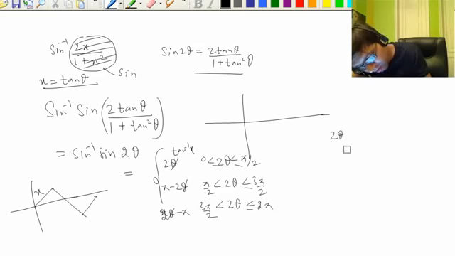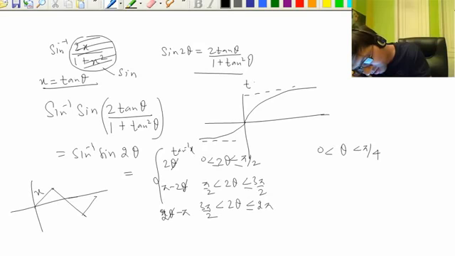Now see the interval. 2 theta lies between 0 and pi by 2, which means theta lies between 0 and pi by 4, right? And if theta lies between 0 and pi by 4, what about tan inverse x? This is the graph of tan inverse x.